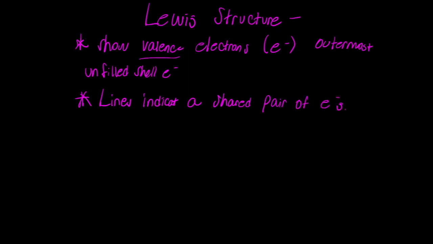And we use dots to indicate unshared electrons, okay? Well, I will put this down as a third kind of entry here. So if you see dots in a structure, these dots indicate unshared electrons.